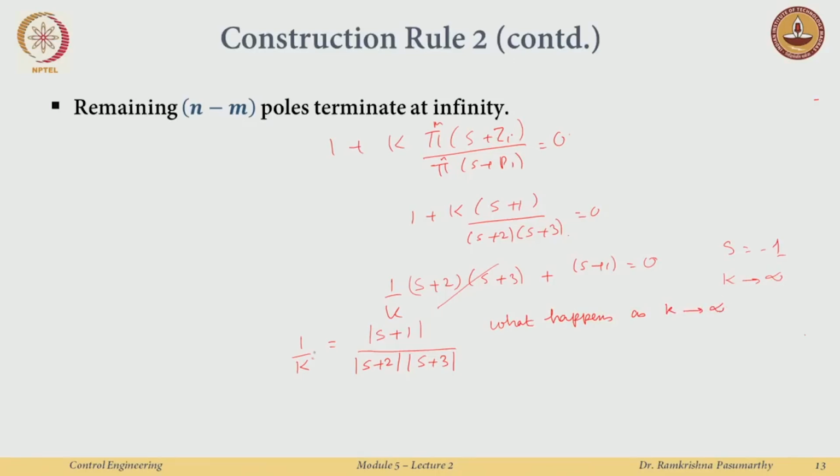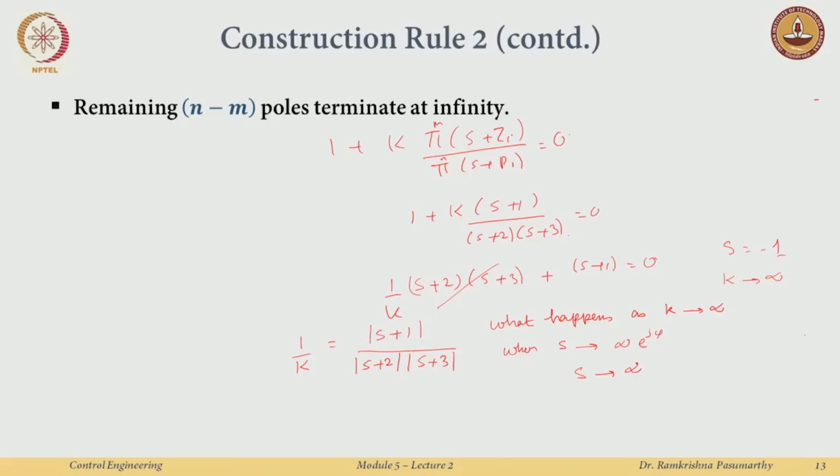One solution again is s equal to minus 1, since this goes to 0. But something similar happens when s, the magnitude, goes to infinity, with maybe some angle. You can substitute it here, take the limit, and see that as s goes to infinity this goes to 0. You can just divide by s squared and check. So another solution is s going to infinity.